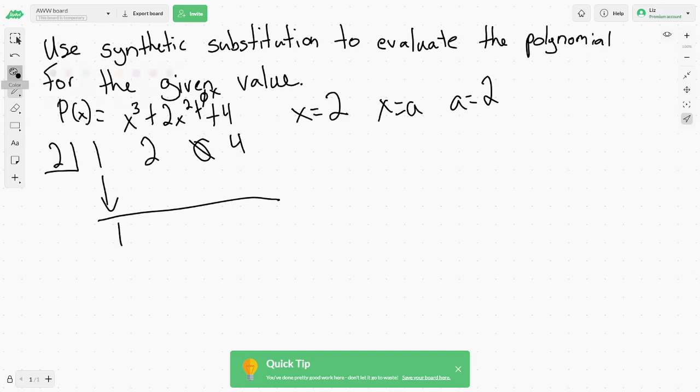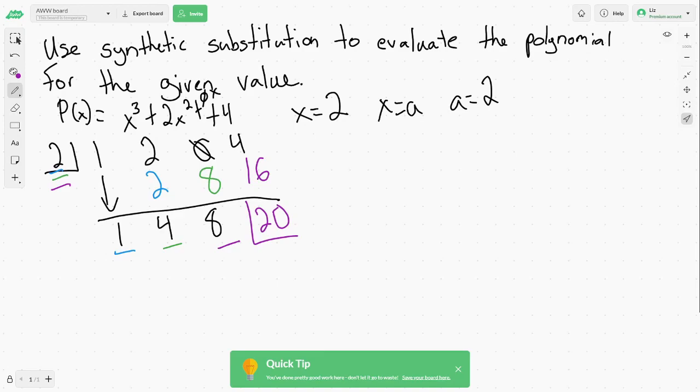Bring 1 down, multiply it by the number in the box. 2 plus 2 is 4. 4 times 2 is 8. 0 plus 8 is 8. 8 times 2 is 16. So we get 20 in this box here. So what this is actually telling us is that P of 2 actually equals 20.